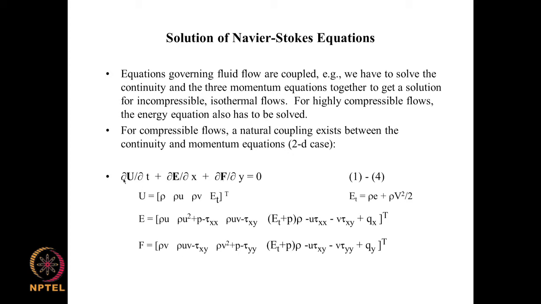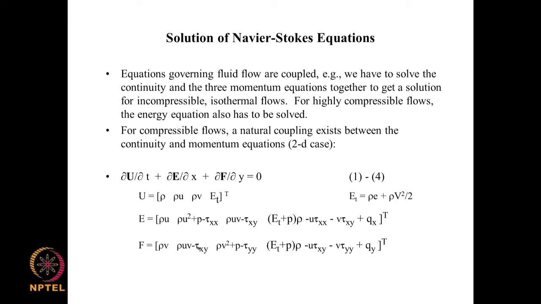So that gives us ∂/∂t of ρu, which we know, plus ∂/∂x of ρu² plus ∂p/∂x minus ∂/∂x of τxx, and plus ∂/∂y of ρuv plus ∂/∂y of minus τyx, and other terms.